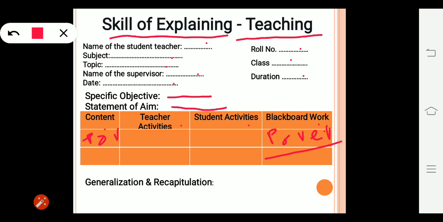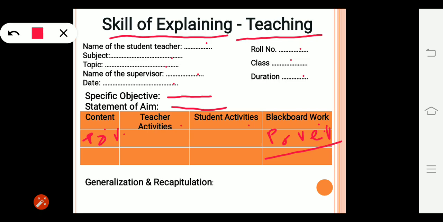Now, in content part, you have to write the highlights or main points of the topic. Suppose your topic is poverty and you are starting with its meaning. In content part, the topic you have already written.